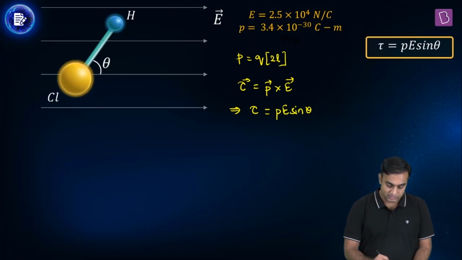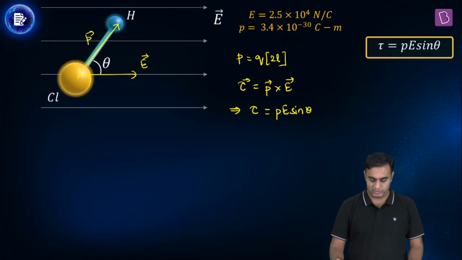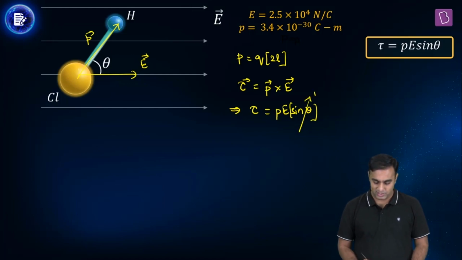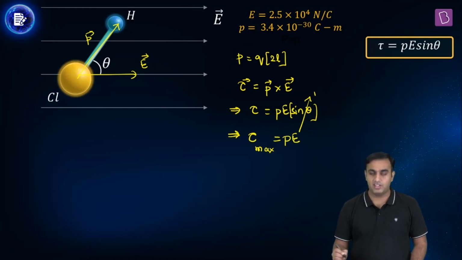The angle between the electric dipole moment vector and the external electric field vector. When is this quantity a maximum? That's the question, isn't it? In fact, it becomes maximum when sine theta becomes maximum, and the maximum value of sine theta is 1. So, tau max, the maximum torque acting on the electric dipole, happens to be P into E.